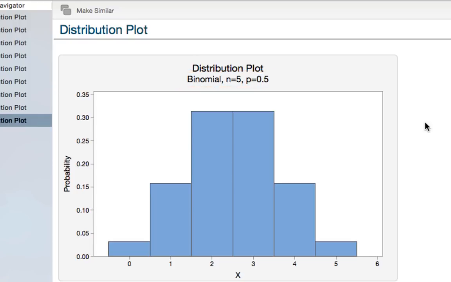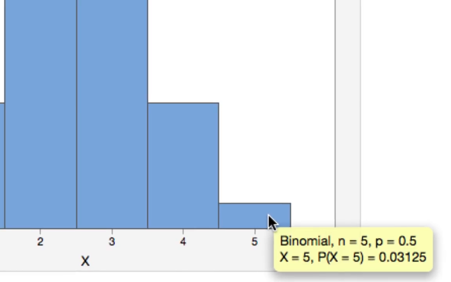The nice thing about Minitab Express is that we can hover over any one of these bars and it will tell us the probability. So here we can see p, x equals 5, equals 0.03125, which is what we found when we used the formula by hand.